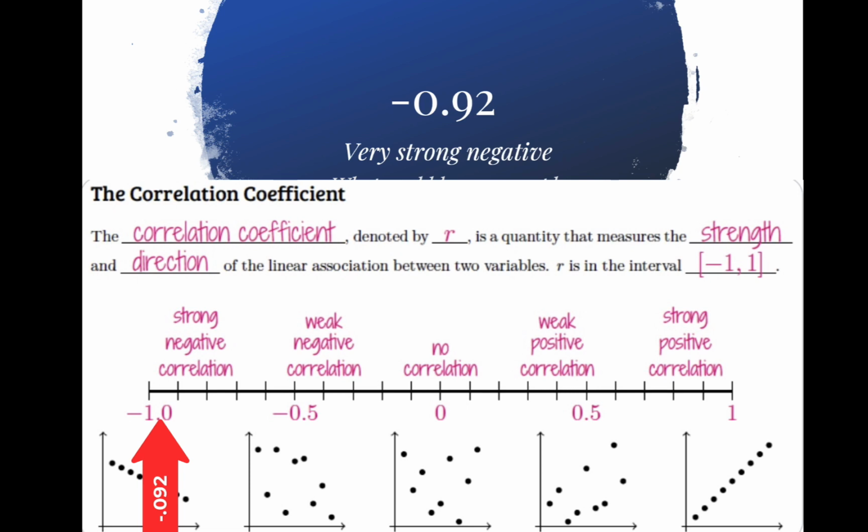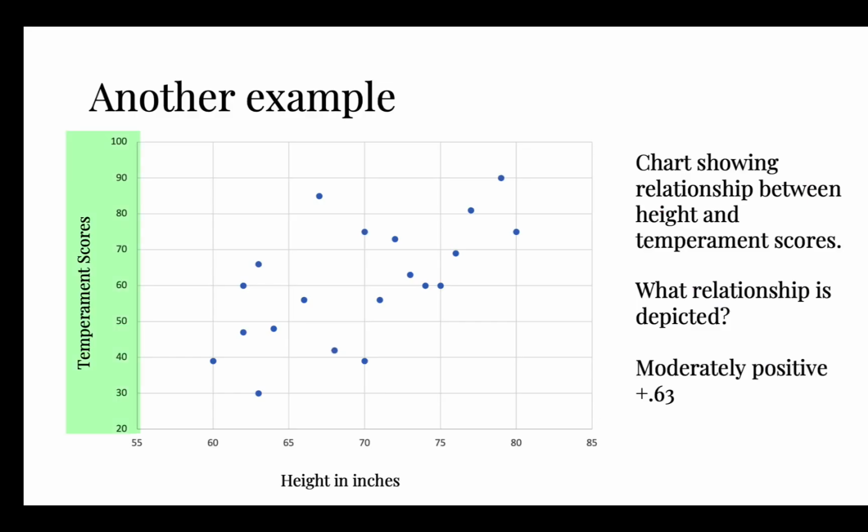All right. Here's another example of a scatter plot. All right, let's look at this. What we've got here is on this axis, we have temperament scores. And down here, we have height in inches.